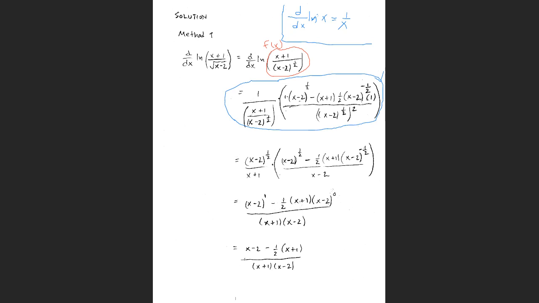Well, that's going to be equal to 1 over f of x times the derivative of f with respect to x.